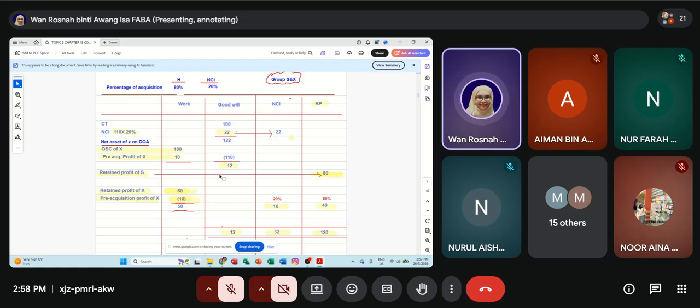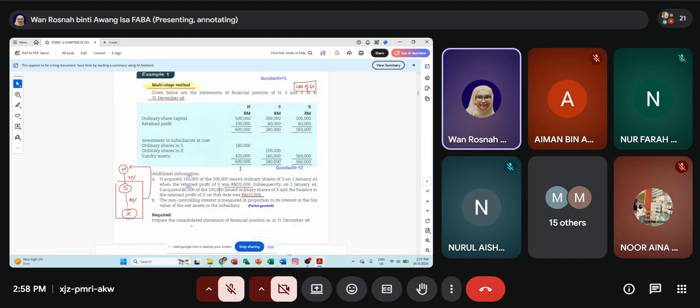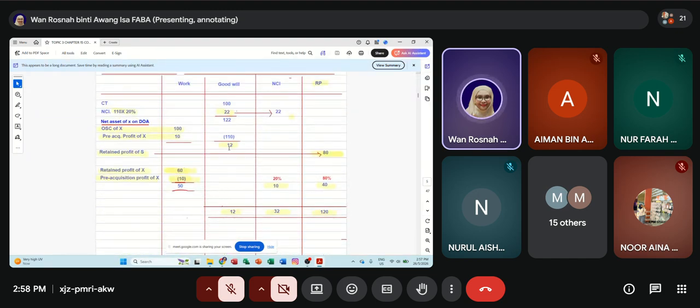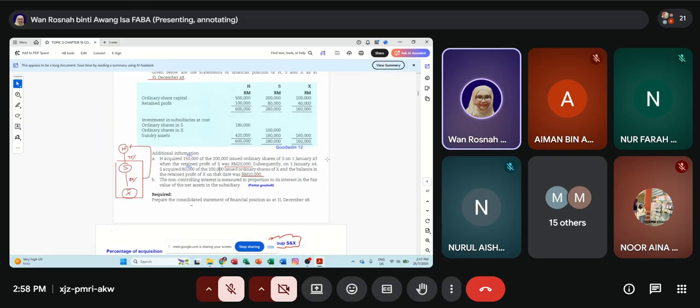And retained profit of S, since S is a holding company, you transfer directly to group. Group retained profit 80,000.